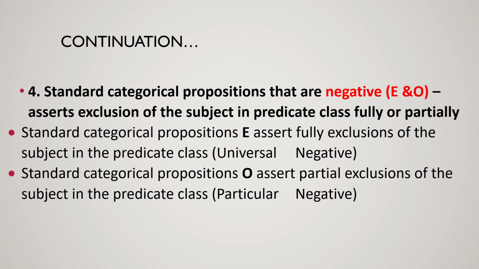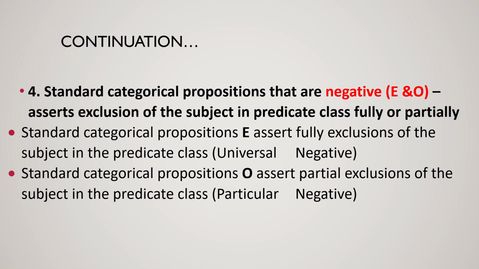On the other hand, the standard categorical propositions that are negative are two, that is E and O. They assert the exclusion of the subject from the predicate class, fully or partially.